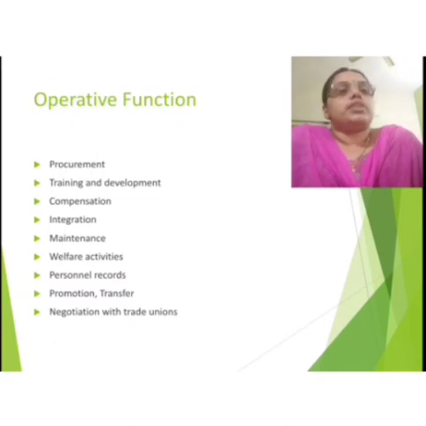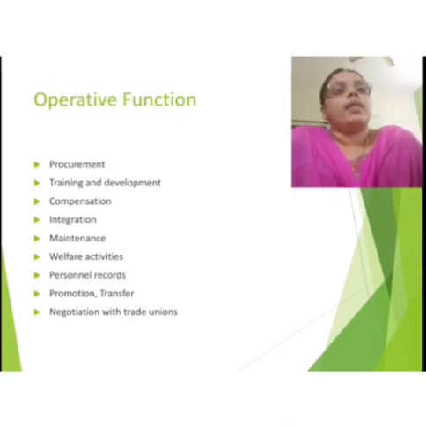First operative function is procurement. It is related with hiring of employees. So, the right person should be appointed at the right place at the right time. It is the function related with the procurement of a sufficient number of employees for performing the business task.